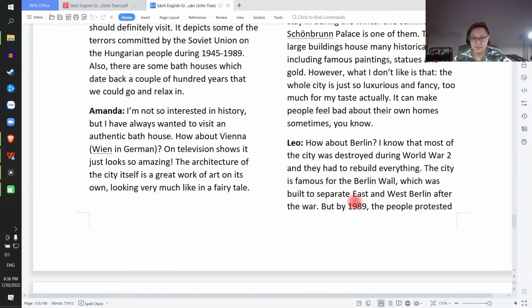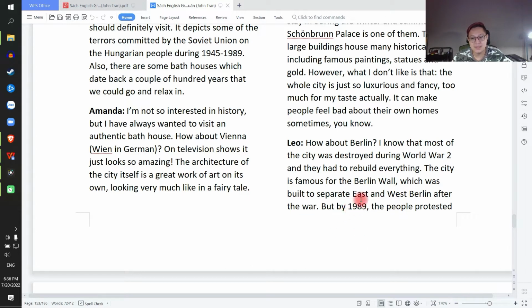How about Berlin? You know that most of the city was destroyed during World War II and they had to rebuild everything. The city is famous for the Berlin Wall, which was built to separate East and West Berlin after the war.